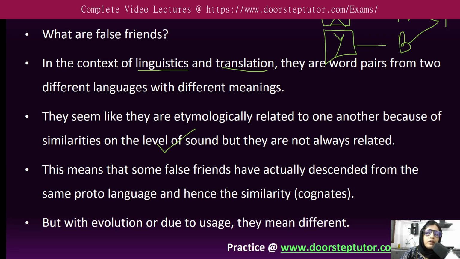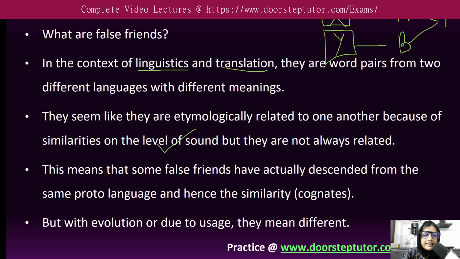If they have not descended from one proto language, then also they are false friends. So whether or not X and Y have come from the same language is not the deciding factor as to what false friends will be. False friends are any two words that sound the same, they look the same, but the meaning is different, and they belong to the vocabulary of two different languages.